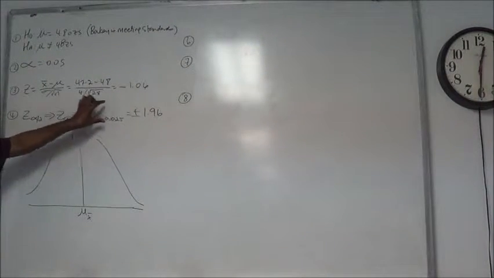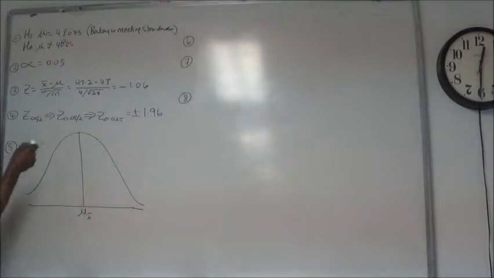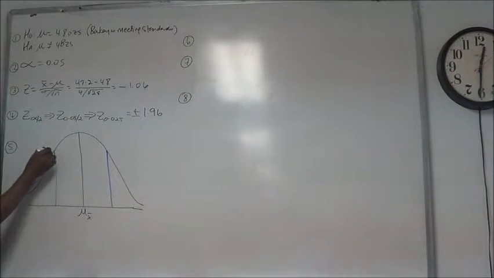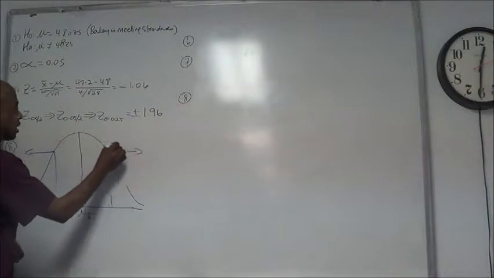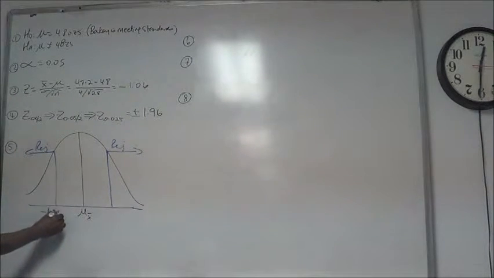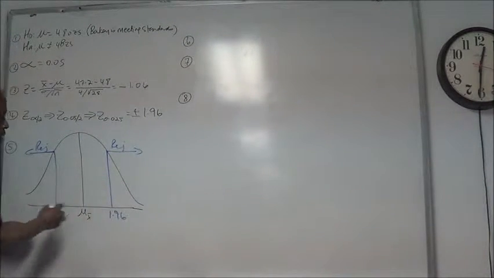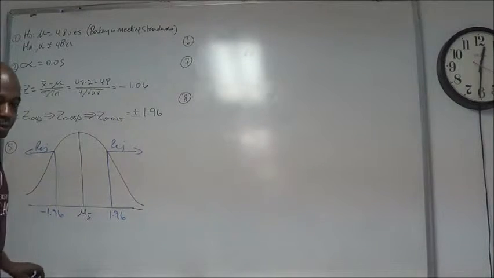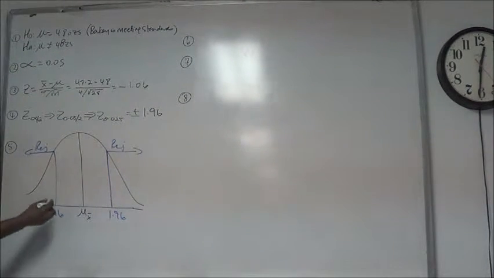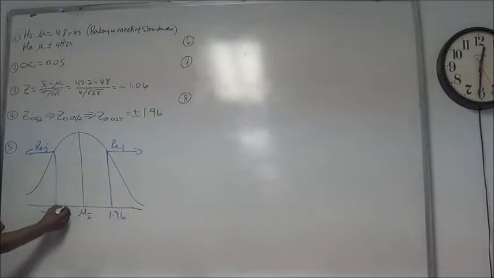This has nothing to do with your problem. This is just from the distribution, right? So plus or minus 1.96 is going to be the reject region in each direction. Negative 1.96, positive 1.96. So we'll plot then the negative 1.06 right here, let's say.